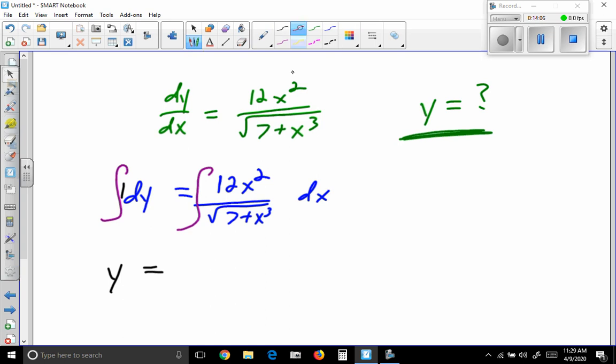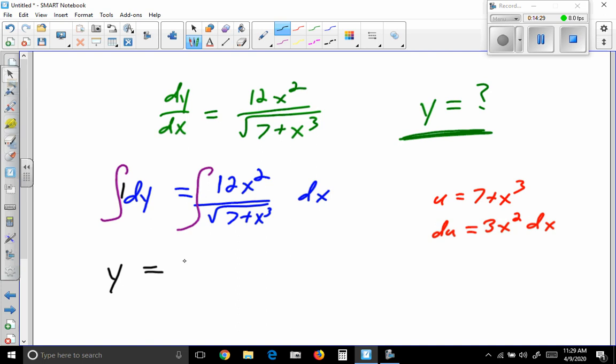Okay, so if we come back here, our inside function is 7 plus x cubed. So our differential du is the derivative of that, which is 3x squared times dx. We'll notice we have 12x squared dx. We only need 3x squared dx.